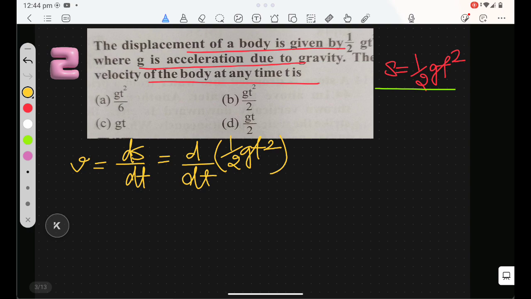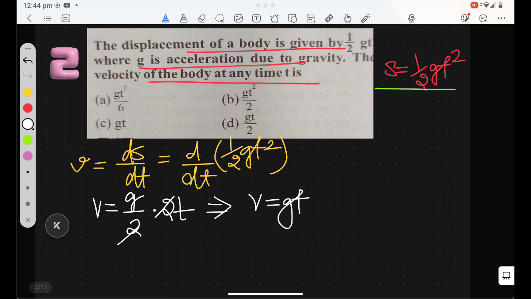For any planet, the value of g is constant. So I can write v is equal to g by 2 will come out, and the differentiation of t square is what? 2t. So the velocity at any point of time is given by gt. So this is using calculus.